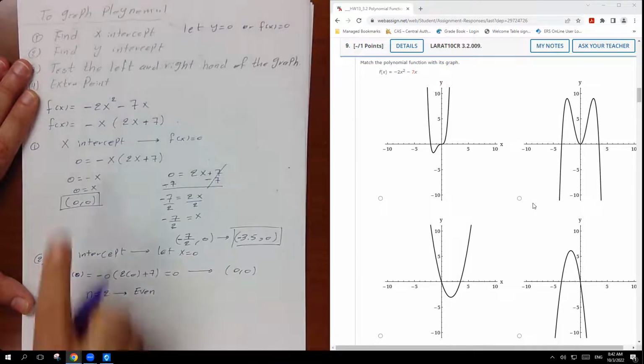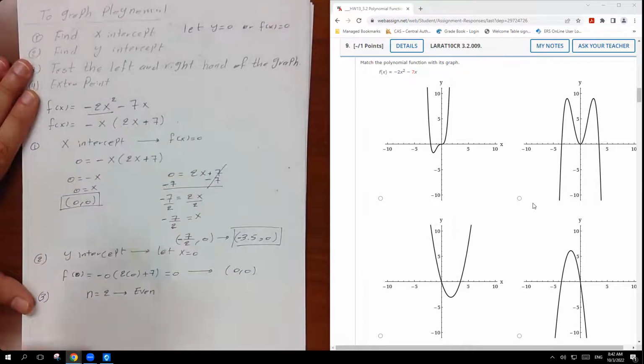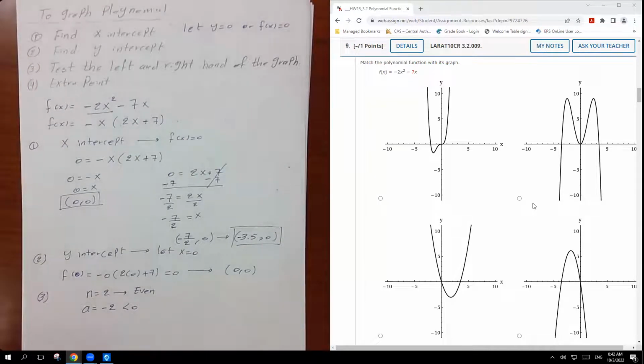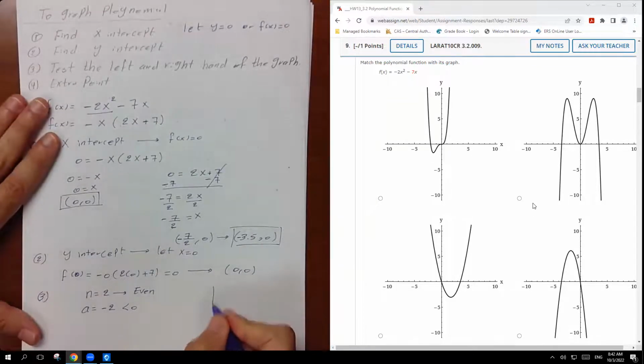Then the next one, a, which is the leading coefficient, is negative 2, which is less than 0. That means both sides of the graph are going down.